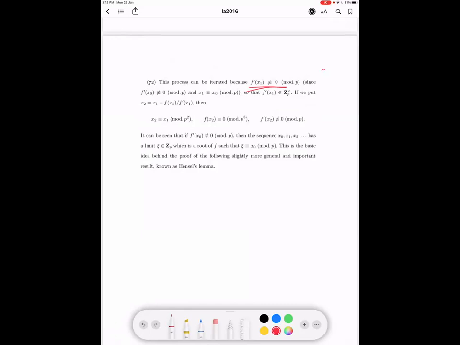So this is the summary of what we have done. But if f prime of x1 is not congruent to 0 mod p, earlier we were using the condition f prime of x naught is not congruent to 0 mod p, right? That was x naught.